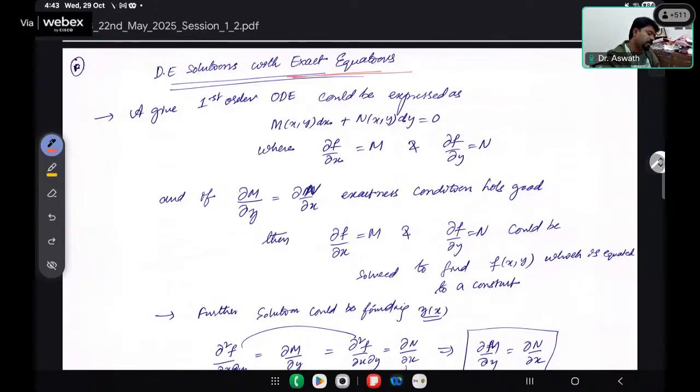If I have a partial differential equation where the functions depend on x and y, where x and y are the independent variables and I have functions m and n depending on x and y, how do I solve it?